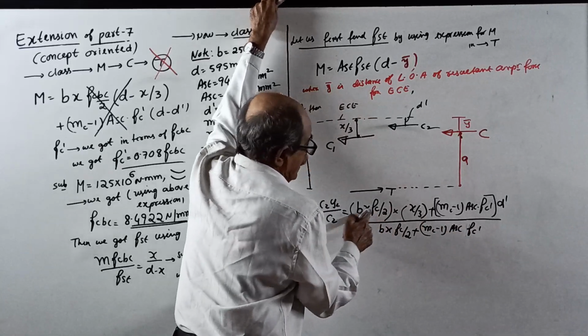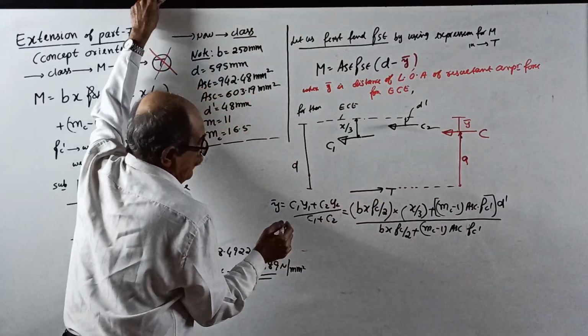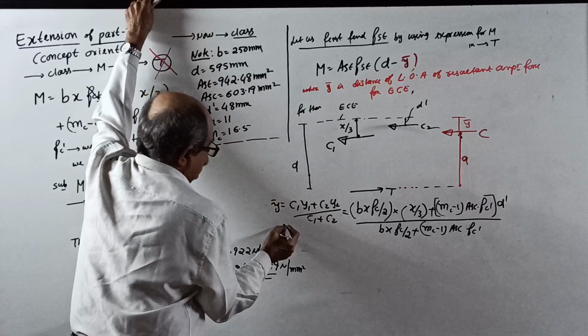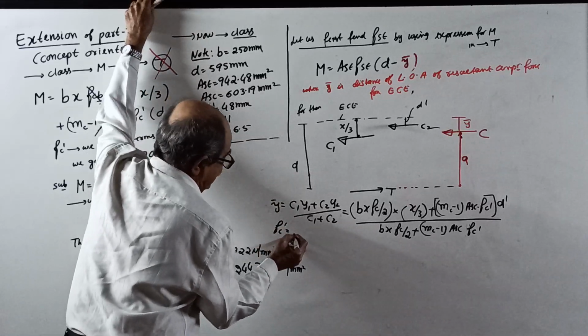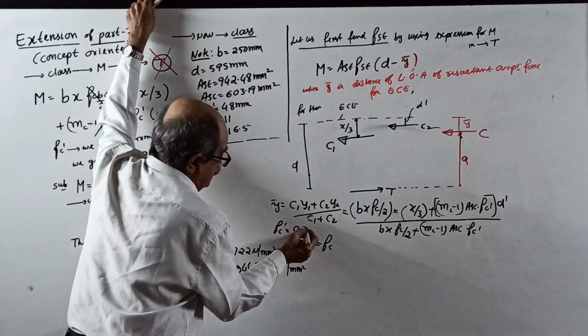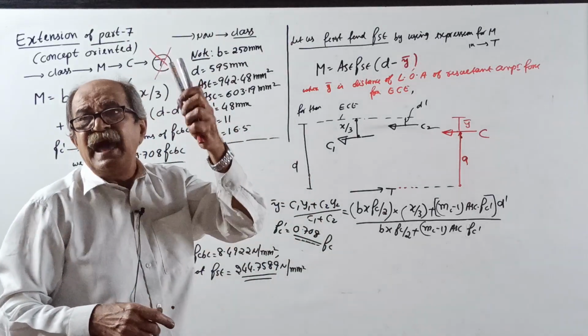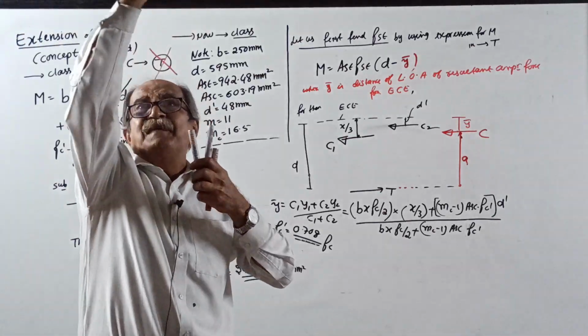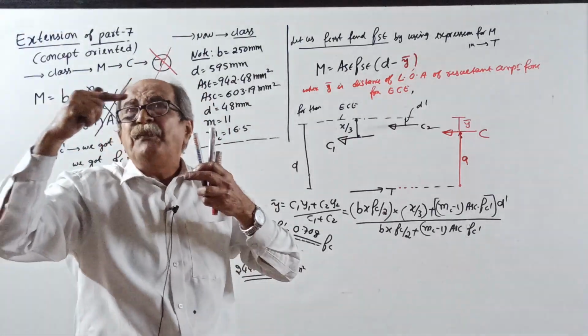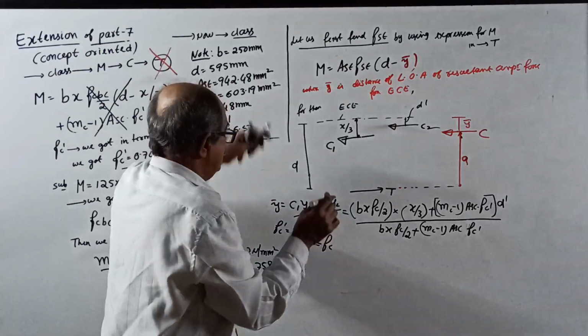See, P1 y1 plus P2 y2 by P1 plus P2. Now, fc dash you have to get in terms of fc. Already told last time, it will come 0.708 fc. This is from similar triangles: fc divided by x equals fc dash divided by x minus d dash. I explained last time.